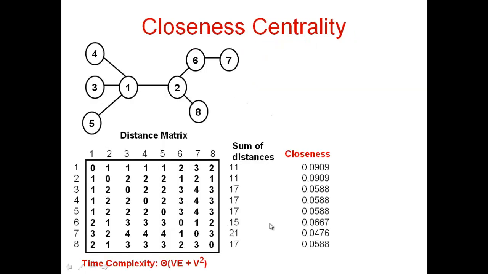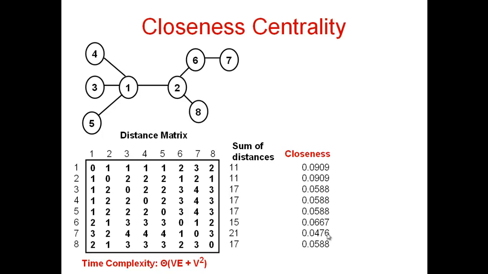So that will satisfy the definition that the larger the closeness centrality value for a vertex, the closer the vertex is to the rest of the vertices. And that is now what we observe. 0.0909 is the largest closeness centrality value among all the vertices here, and 0.0476 is very low. So we say that vertex is not that close to the rest of the vertices.